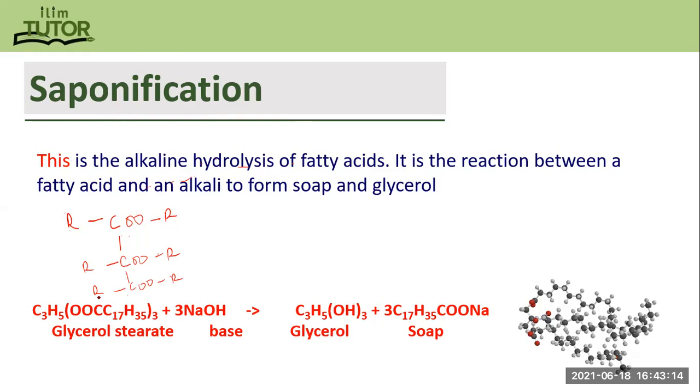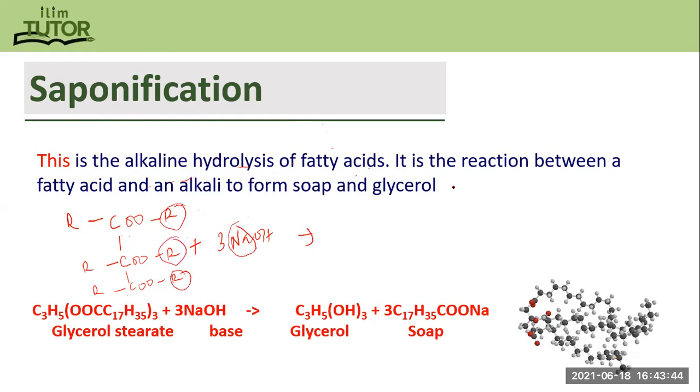Okay, now if I have this plus 3 molecules of a base, majorly maybe caustic soda, then I could form what we call soap, which is basically the sodium replacing the R part, as I have 3 molecules of it, replacing the R side, and to now form glycerol.